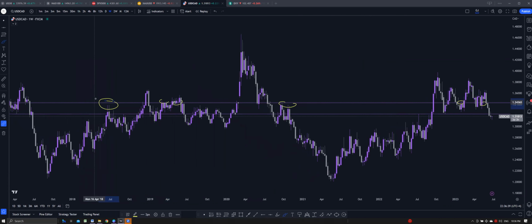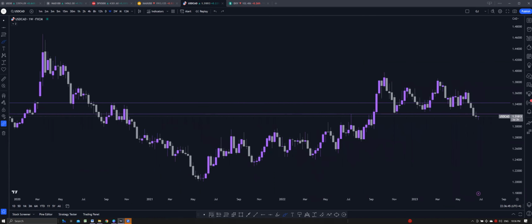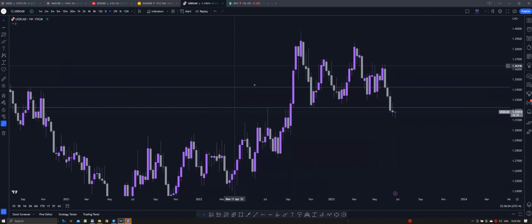You see those wicks? So this area is a nice area. I would mark it off, right? But according to our quarter point theory, there's probably another quarter point in between here, right? But that's the reason why I don't mark all of them off. I like to look at these wicks. I like to also keep in mind the round psychological levels and the quarter points, and then just mark them off. I don't want to mark off everything and clutter my chart. Yeah. So that's how you fine tune these areas.